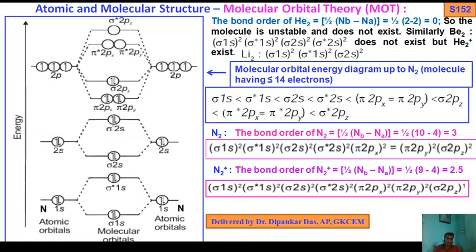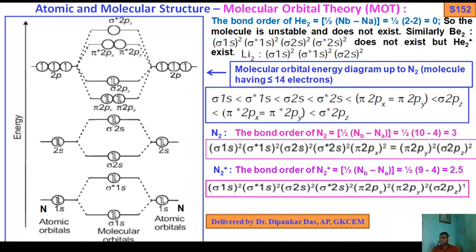First of all, before discussion of the MO diagram of N2, I will show you the bond order of He2. As you know, half of Nb minus Na is 0. If the bond order equals 0, that means it is unstable and doesn't exist.